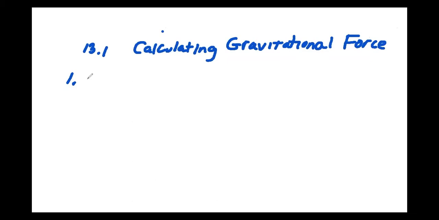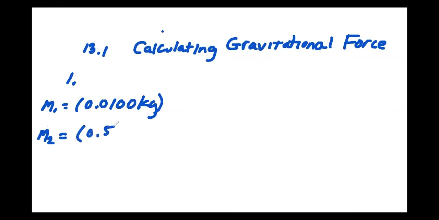Example 13.1 is calculating gravitational force. It reads, the mass of one of the small spheres of a Cavendish balance is 0.0100 kg, so M1 equals 0.0100 kg, and the mass of the nearest large sphere is 0.500 kg, so M2 equals 0.500 kg.